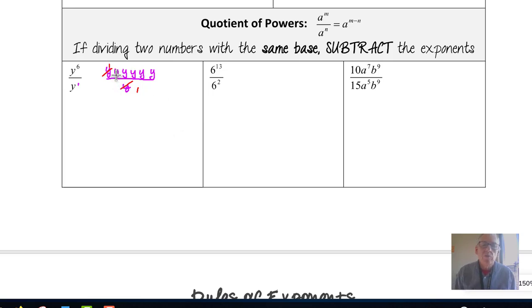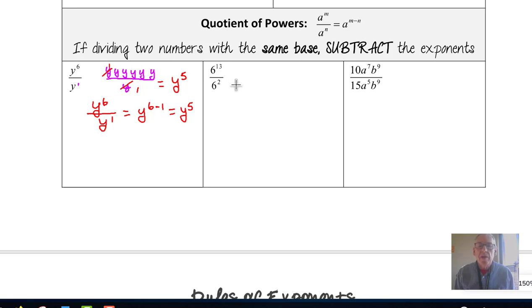If we count what we're left with, we have 1, 2, 3, 4, 5 y's. So y to the fifth is the final answer. The rule says that when we divide bases with exponents, we subtract the exponents. So y to the sixth divided by y to the first is y to the sixth minus 1. The bottom exponent is subtracted from the top exponent. That gives us y to the fifth.